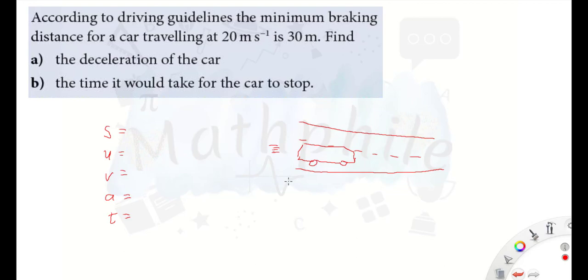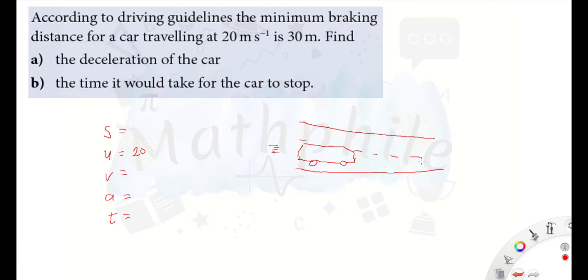But based on your explanation, is it going to be the final or the initial? That was the velocity before the brake is applied, so the initial velocity over there is going to be 20 meters per second.